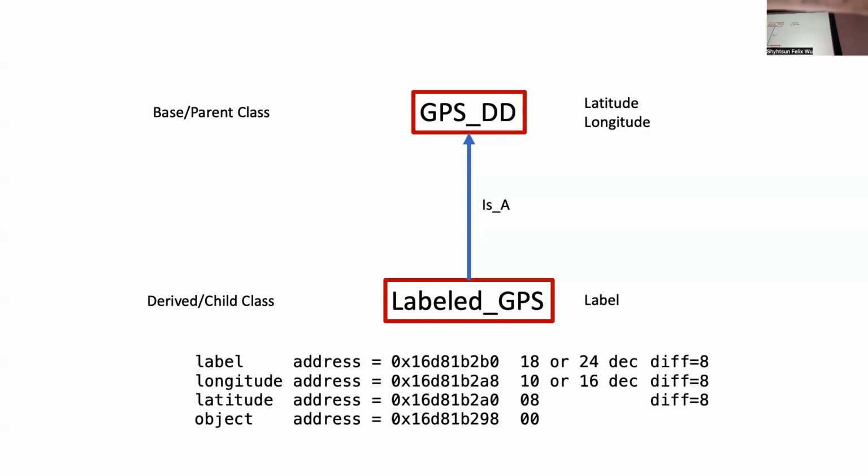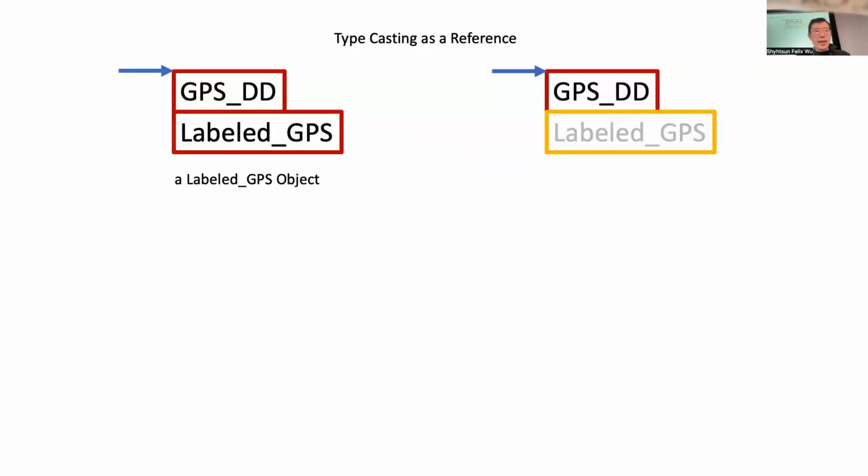Okay. An offset is the address difference from the beginning of the object. You think of the object like this. Okay, the object is the whole thing, right? The beginning of the object is pointing here. By the way, it looks like when I draw the picture of an object, it always has the GPS DD first and then the label.